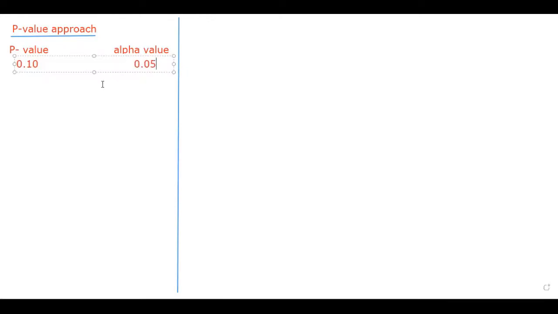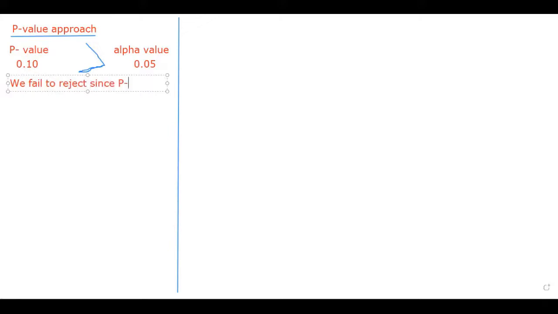So the rule for this p-value approach is reject H0 if the p-value is less than the alpha value. And here, our p-value is greater than alpha instead of less than. So this is otherwise. So we fail to reject. You get it? So this one too, we fail to reject.